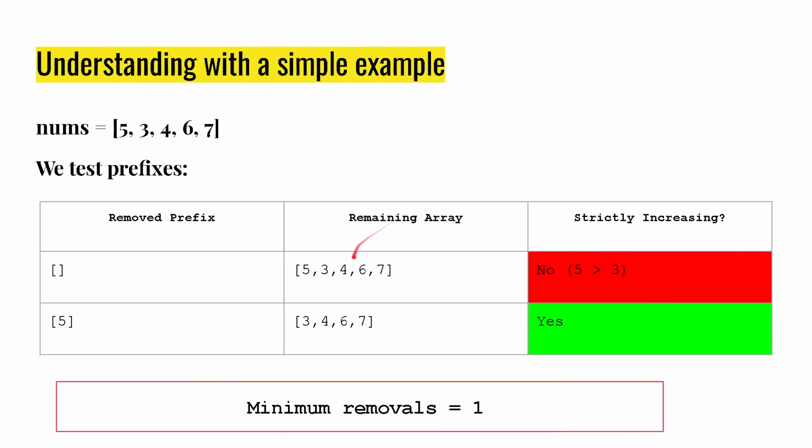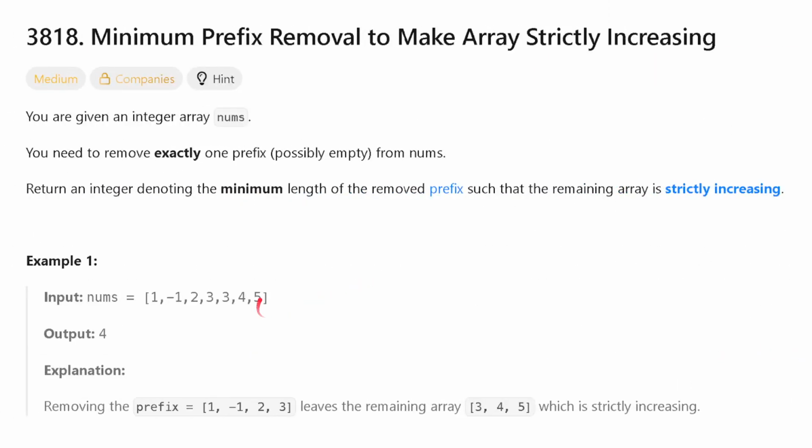Rather than starting from the front, can we go from the right side and keep checking until the strictly increasing property holds? Let's suppose 3, then 4, 5, yes, perfect. After that it should be 2, but we are getting 3. It means this part is strictly increasing.